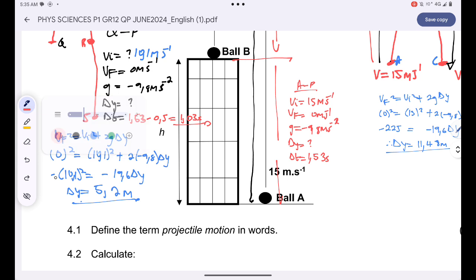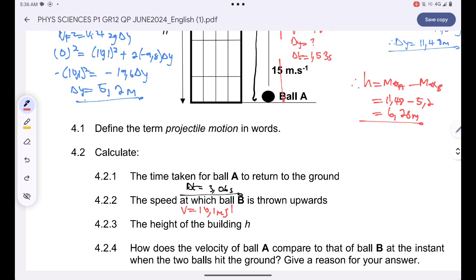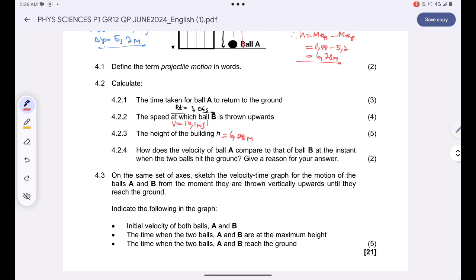So therefore, H is basically the max height at A minus the max height at B. That's 11.48 minus 5.2. This will simply give us an answer of 6.28 meters. So the height of H is just 6.28 meters.